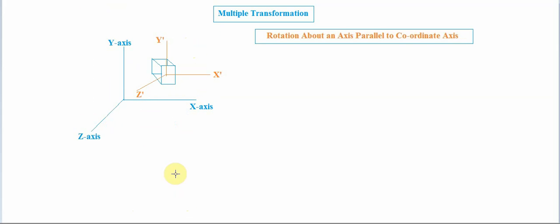So now if we want to perform this type of operation, then what are we expecting? So first, what we need to do is translate the body until the local axis coincides with the coordinate axis, right? What is the first step? What is it?